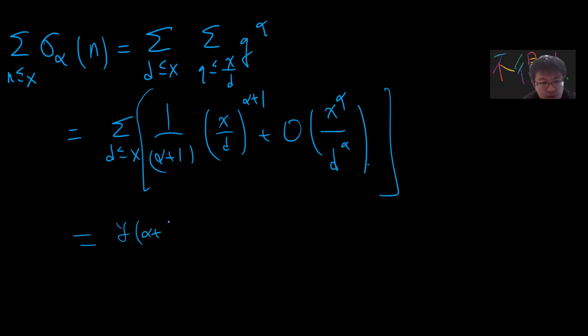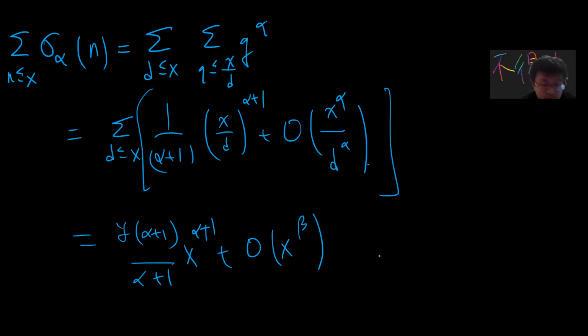So finally you get this zeta function at alpha plus 1, times x to the alpha plus 1, plus O of x to the beta. So this beta is basically max of 1 and alpha. So this is a tedious calculation, but exactly what I was saying before. Okay, so this is just the common bound for this.